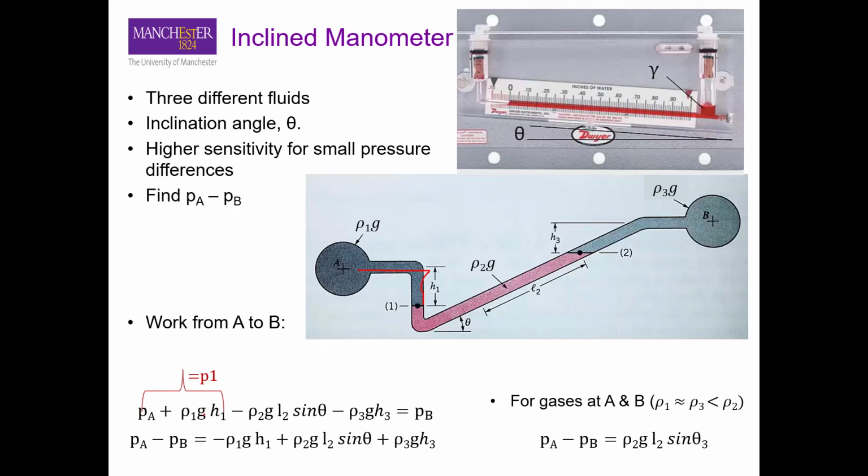Okay, so that is the pressure at point 1. Similarly, if we go down, we can go from point 1 to point here. We can just jump because again these points are at the same height. So we can assume that the pressure at point 1 should be equal to the pressure at this point.